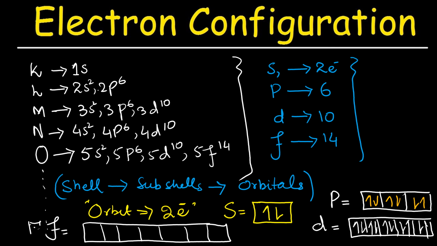The electrons will be paired in spin up and spin down states, and the maximum number of electrons in the f subshell will be 14.